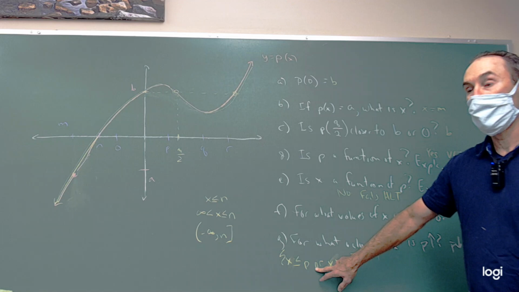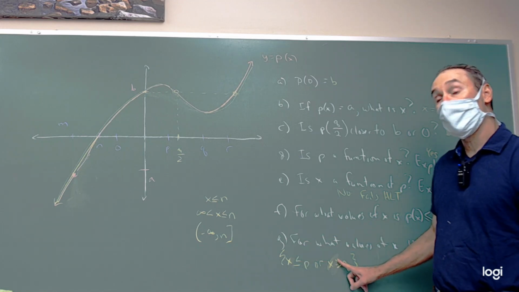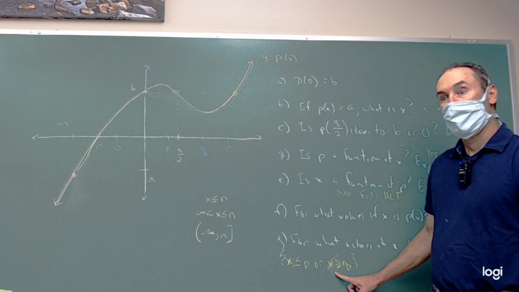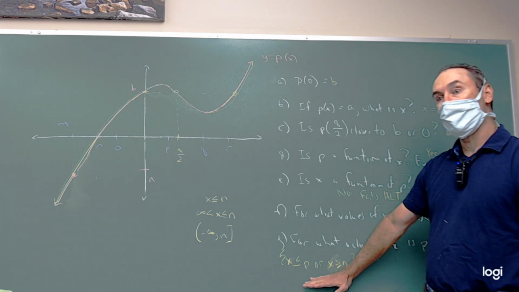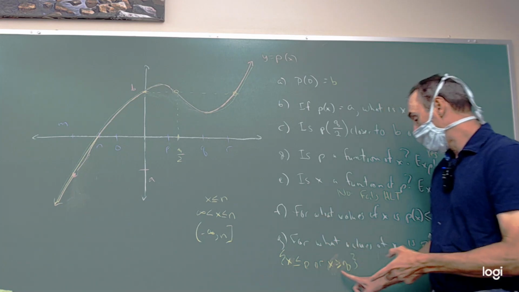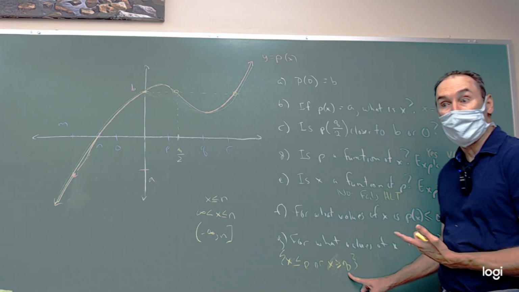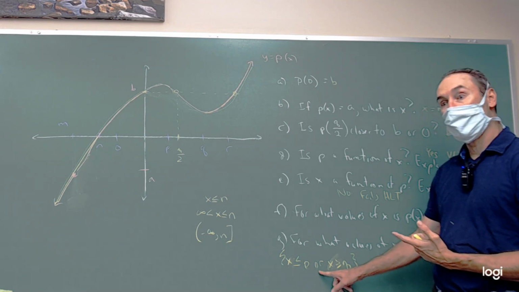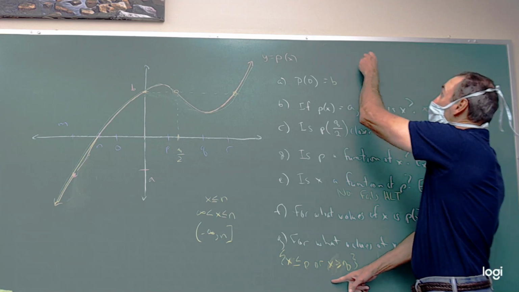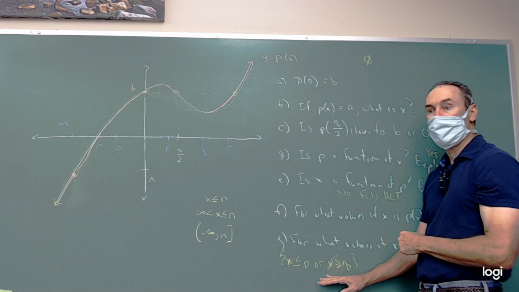"And" in math means to be a solution, it has to make both of these correct at the same time. So you would be saying we want all of the numbers that are left of p and at the same time right of q. Well, there aren't any numbers. So if that was an "and," this would really be saying the empty set. There's nothing at all, which is not what we mean.